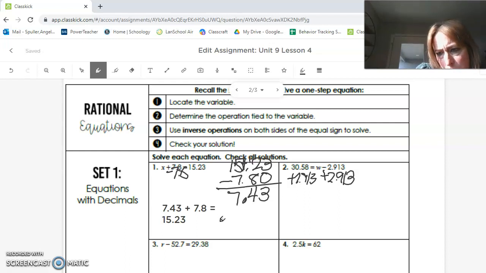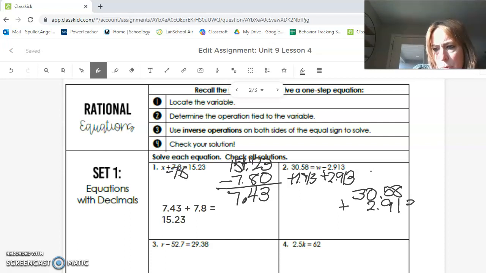It's hard to do in these little boxes. So let's take 30.58 plus 2.913. Okay, put that zero there. We're adding, so 9, 14, carry the 1, 3, bring your decimal. So there we go.